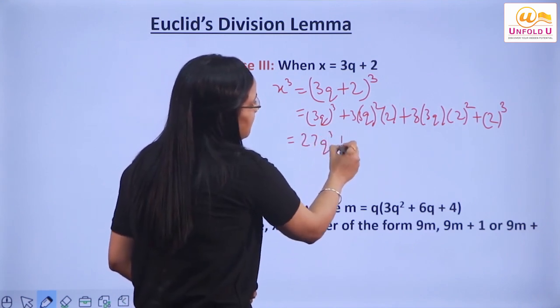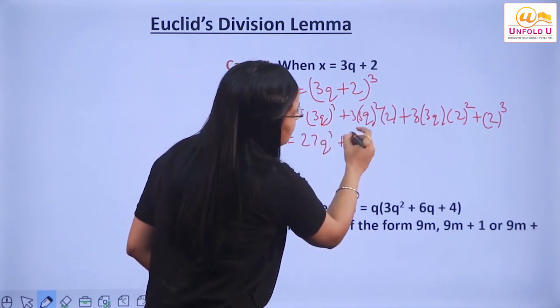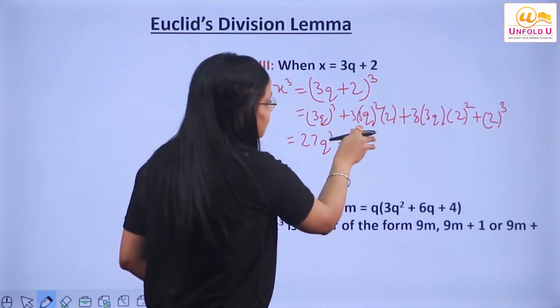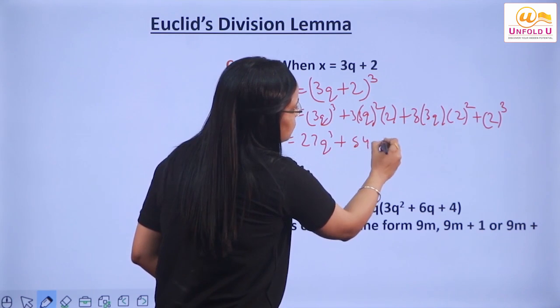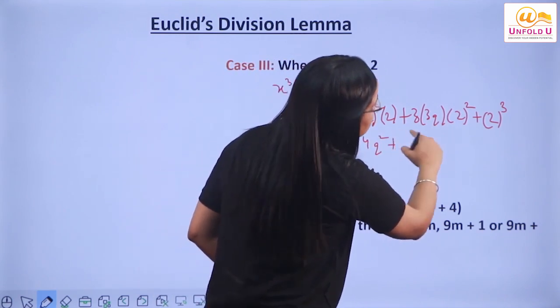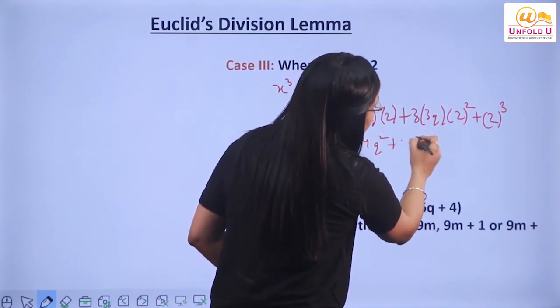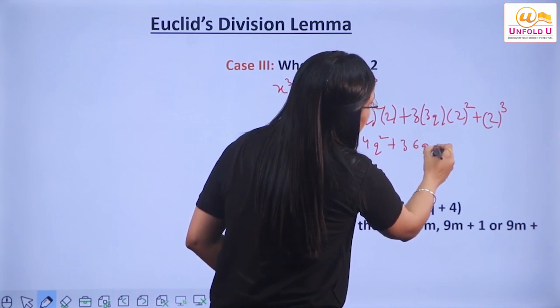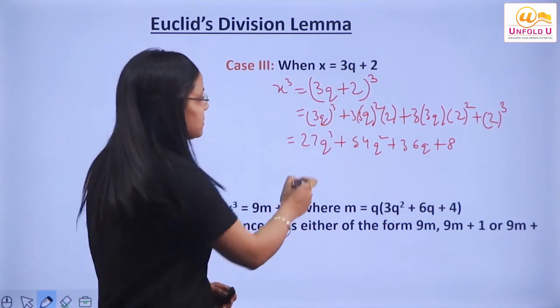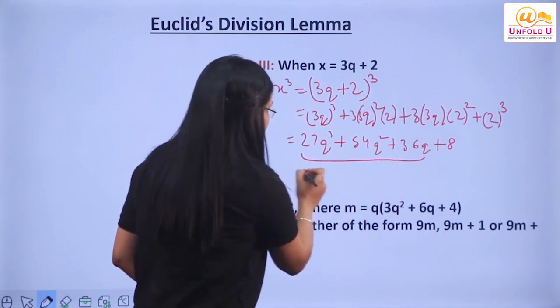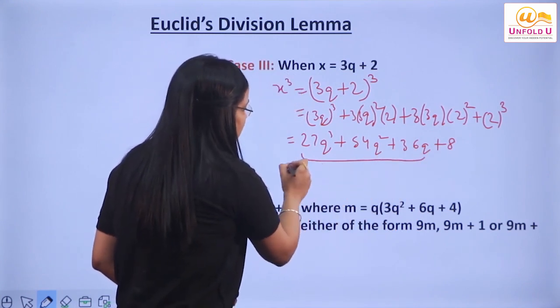Solving this we get 27q cube, plus 27 into 2 is 54, so we get 54q square, plus 36q plus 8. Again from the first three terms we can take 9q common.